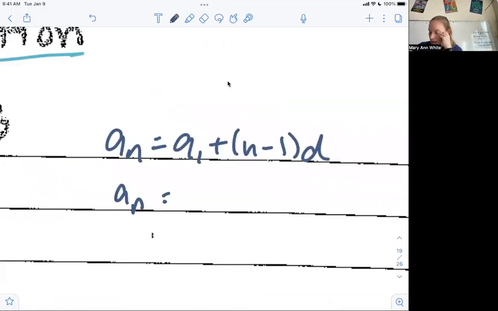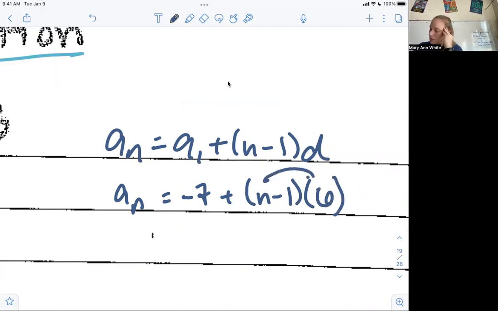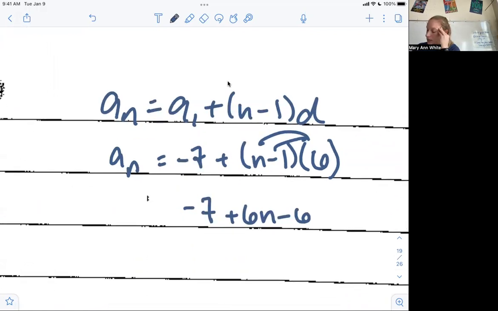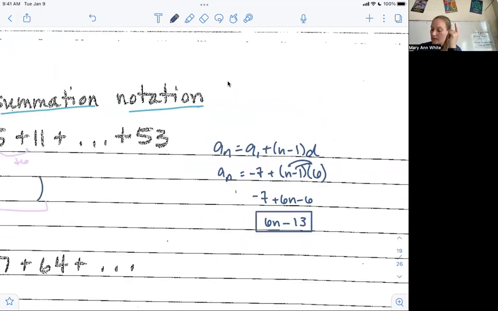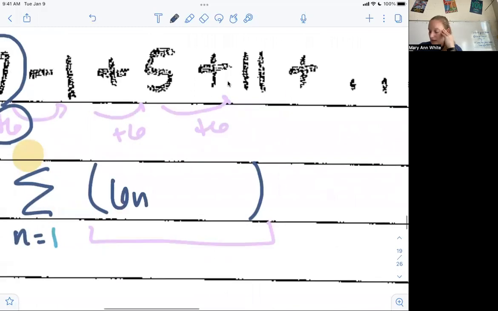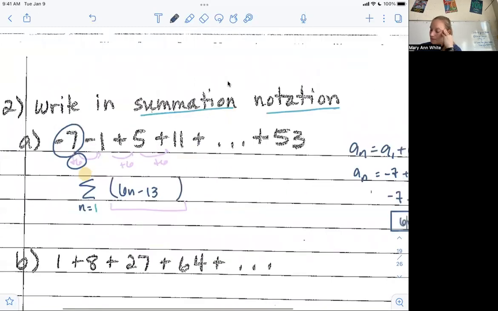So a sub n equals -7 plus n minus 1 times d, which is 6. All right, I'm going to distribute that 6 to simplify it. -7 plus 6n minus 6. So 6n minus 13 is my expression. So that's what I do to get to the next term every time. I'm going to write that 6n minus 13 in here.